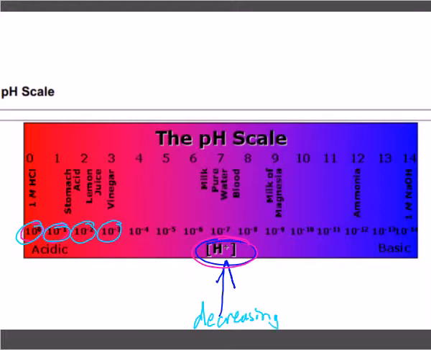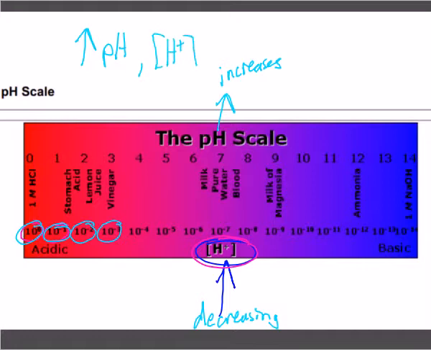But what happens to our pH value as we decrease hydrogen ion concentration? It increases. So the pH value increases. What type of relationship is this? It's an inverse relationship, guys. As pH increases, the concentration of the hydrogen ion does what?